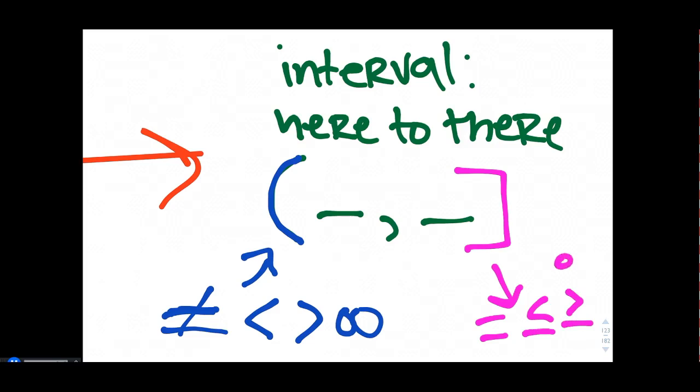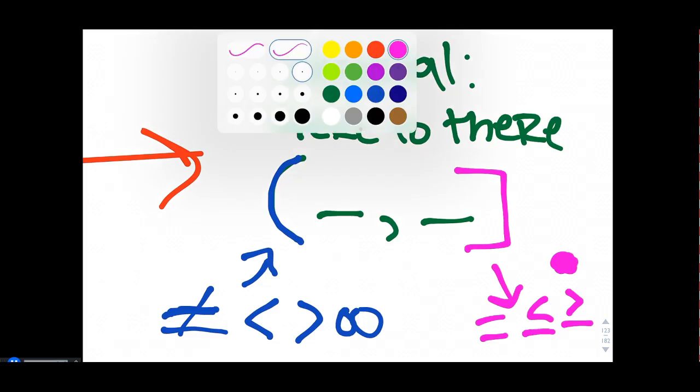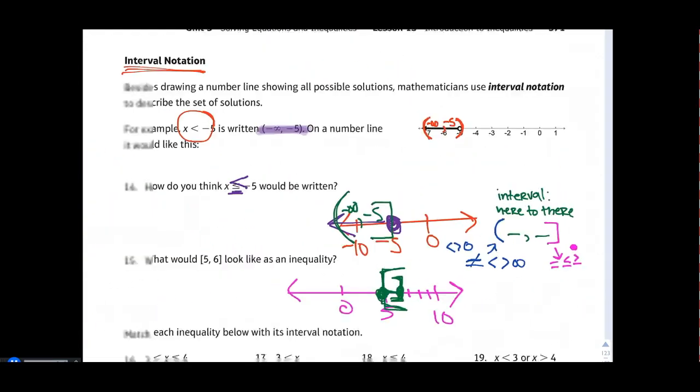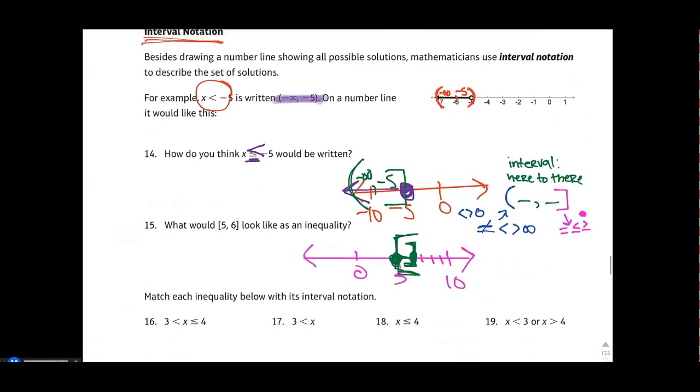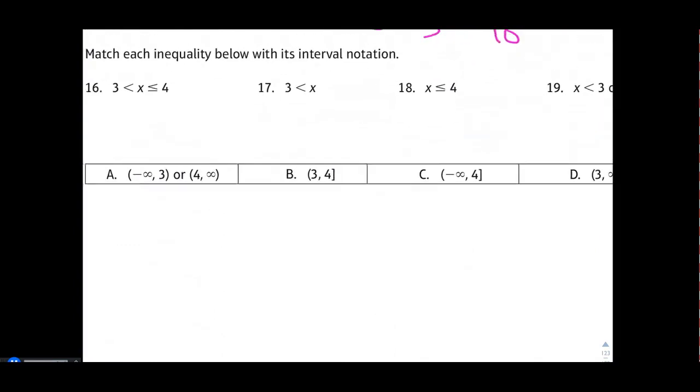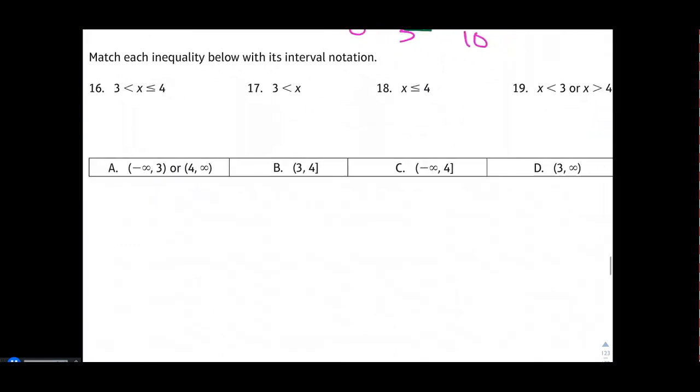It's a closed dot on your graph. The parenthesis is an open dot on your graph or an arrow going one way. That's the basics of interval notation. You're going to go ahead and match these together right now on your own.